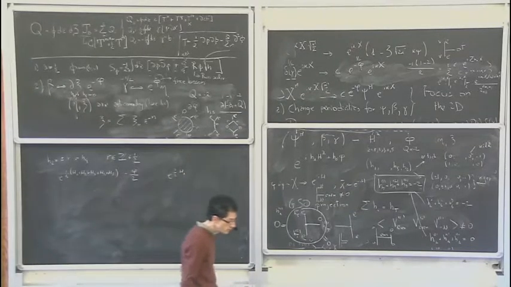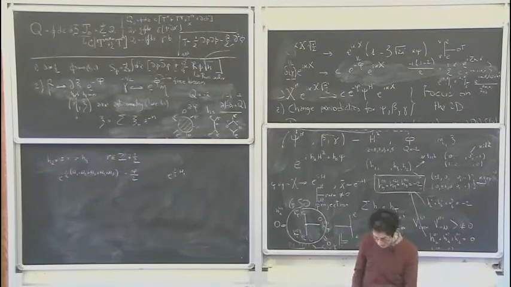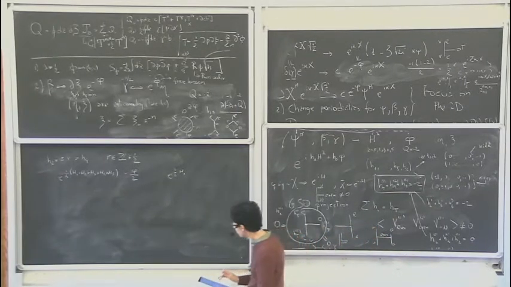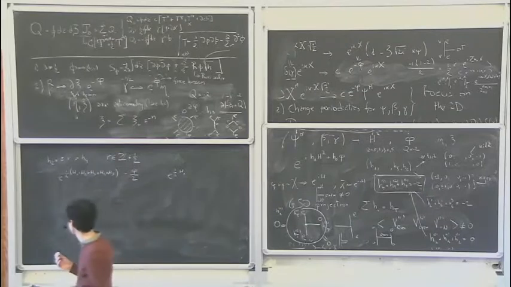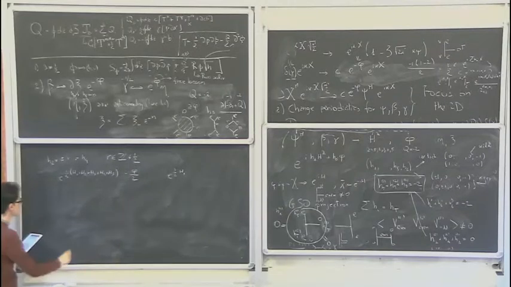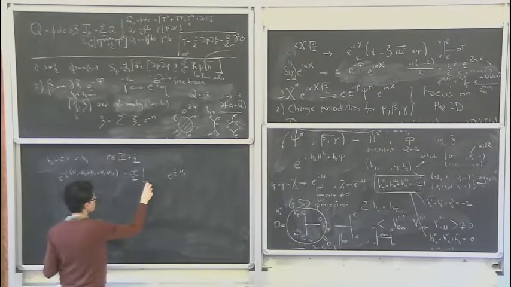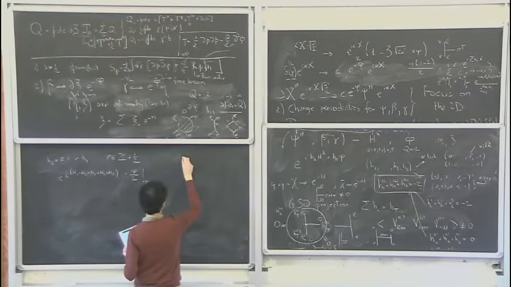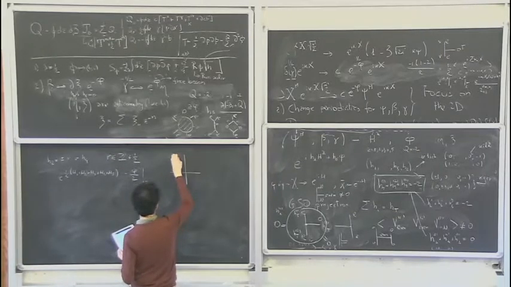Now, the interesting information is that if you now take one state like this one, so this is inserted in zeta 1. So on your worksheet, you have zeta 1.